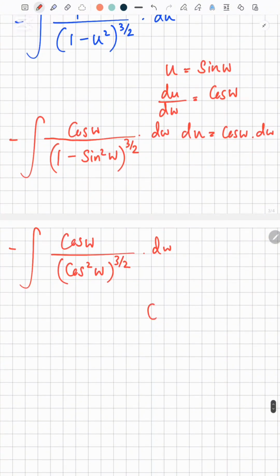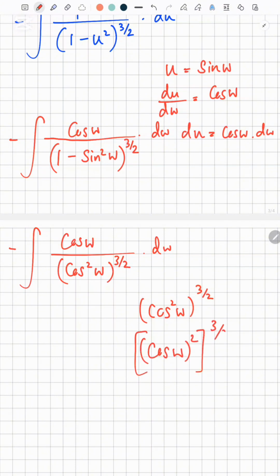So what do you do with cos squared w to the power 3 over 2? Can you see these powers? We can rewrite this as (cos w to the power 2) to the power 3 over 2, right? Can you see these powers cancel off? So you end up with cos to the power 3 w.